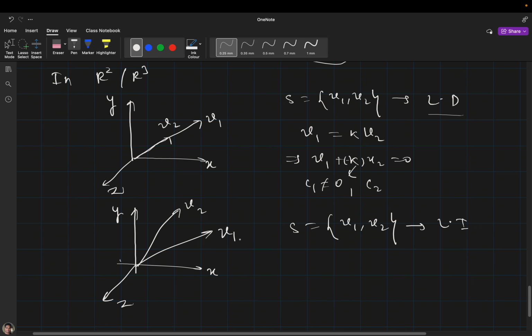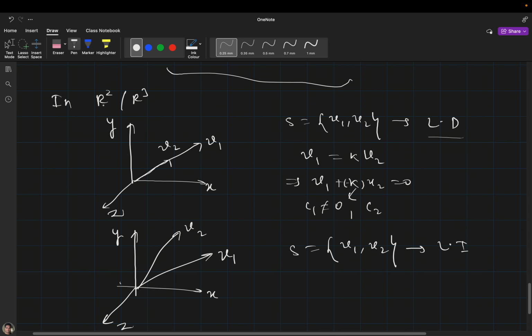Okay, sir. If one vector is rotated by an angle, can they be linearly dependent? Yeah, okay, rotate it. If you rotate it, the vector has changed. Linearly dependent means what?